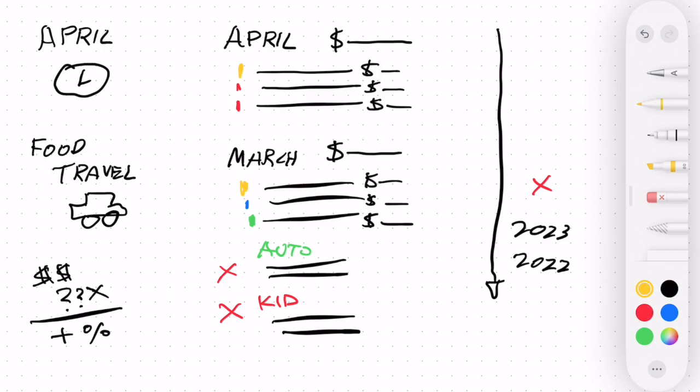What I liked about this design was the ability to see monthly spending side by side or category spending side by side. But the problem was if you have a big month of spending, then it would push the month back anyways. So how can we do better?